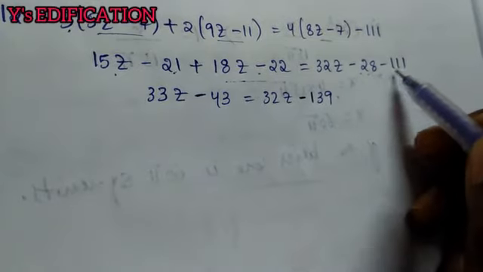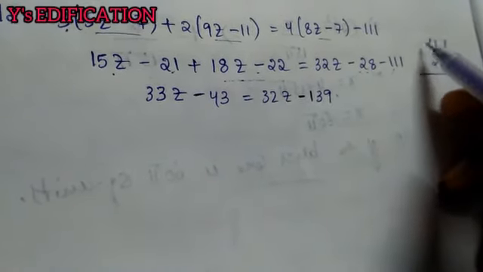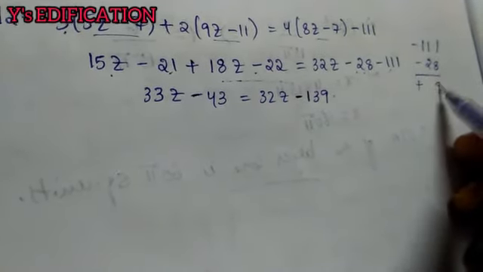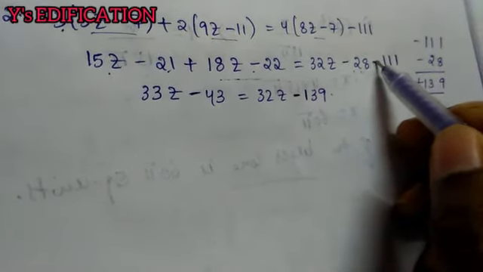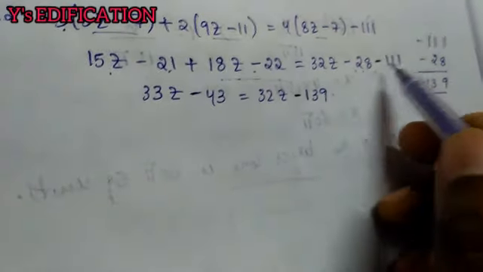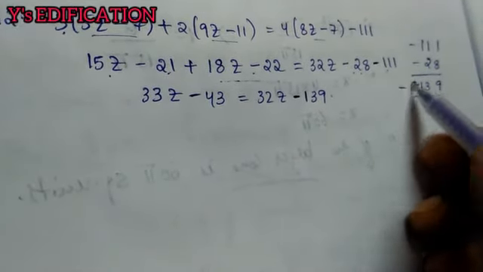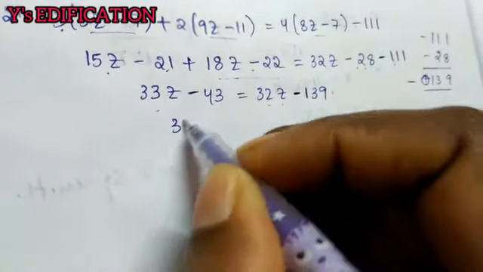Okay, add these two numbers, 111 and 28. Minus 111 minus 28 will become plus 139. But the largest number is minus 111, so we'll get the answer as minus 111. Okay. Now write both the variables on one side.